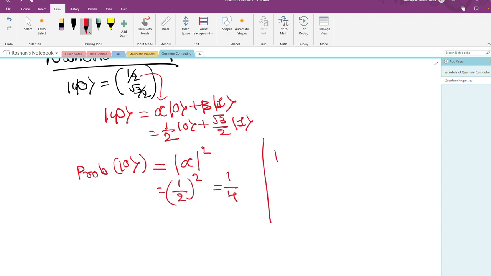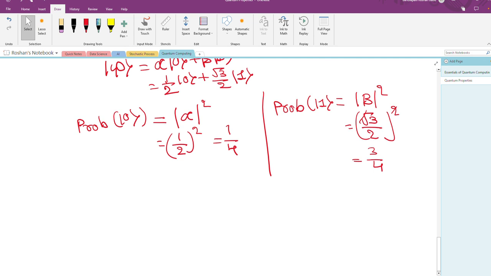And the probability of the excited state is mod beta square, that is root 3 by 2 whole square, which will be 3 by 4. So we got the probabilities for both alpha and beta.